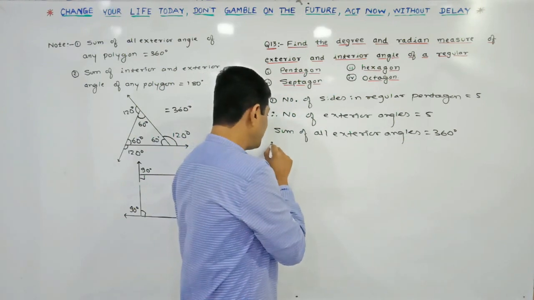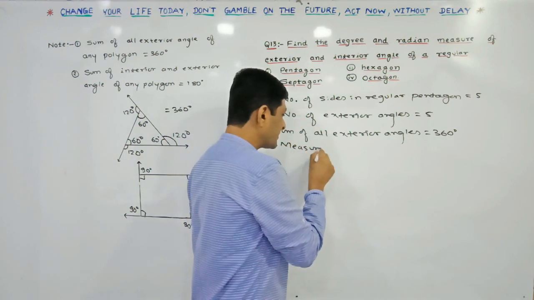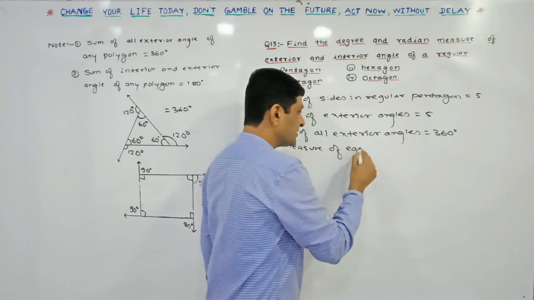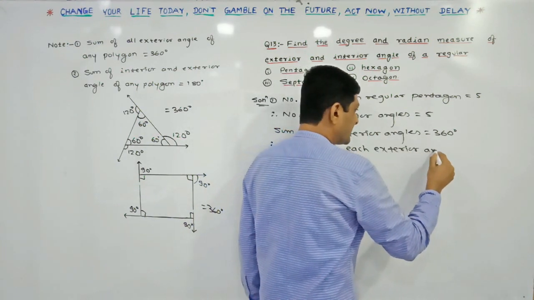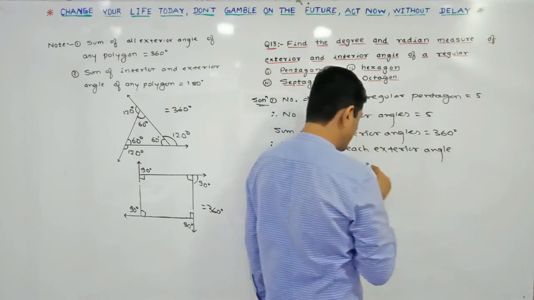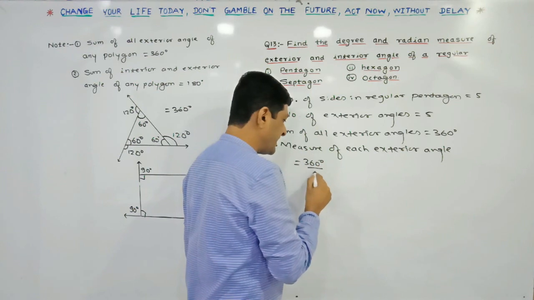So the measure of each exterior angle is equal to 360 degrees divided by 5.